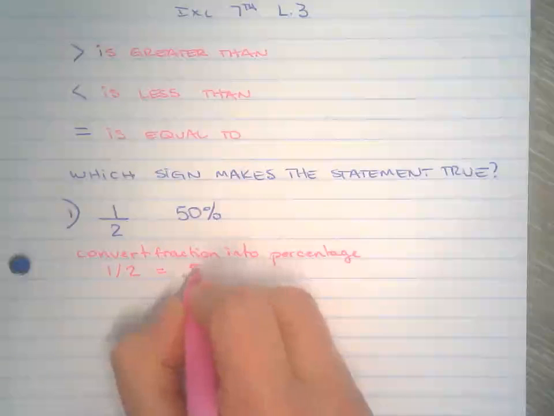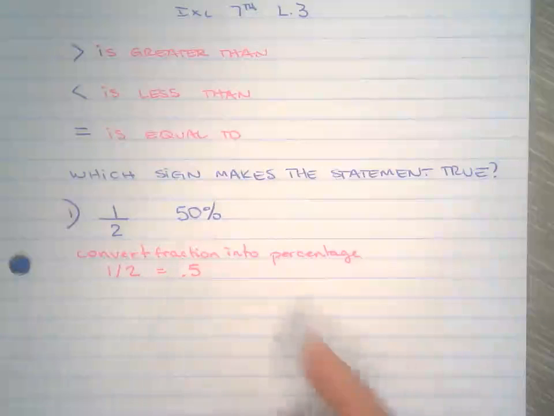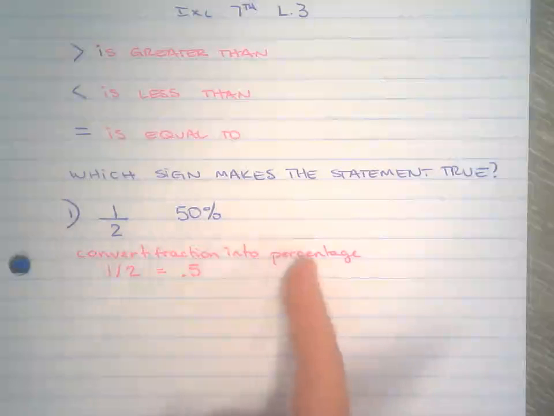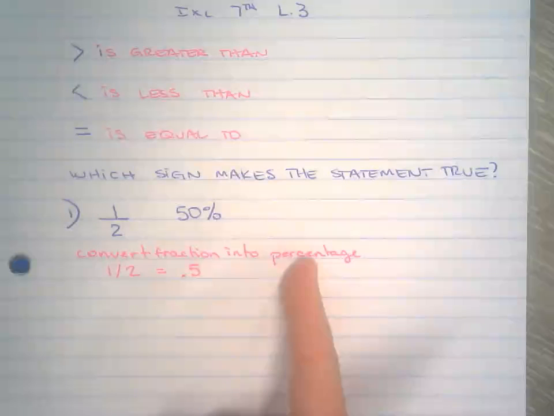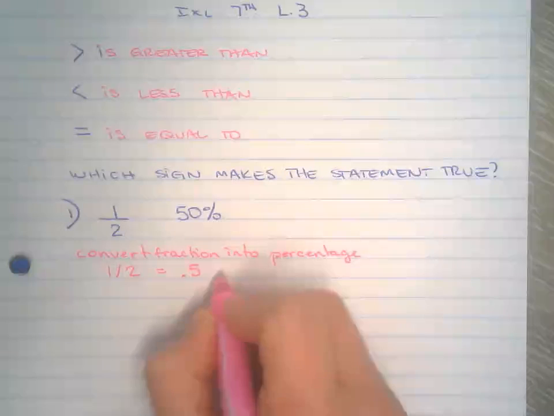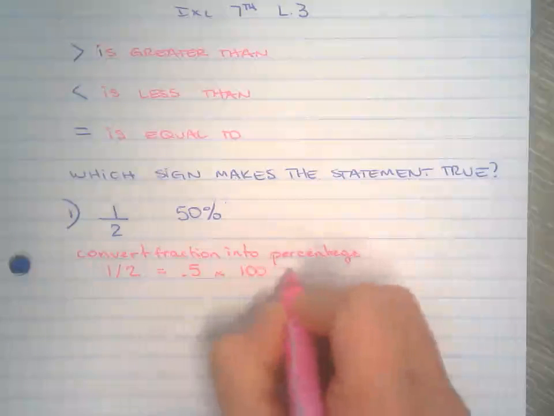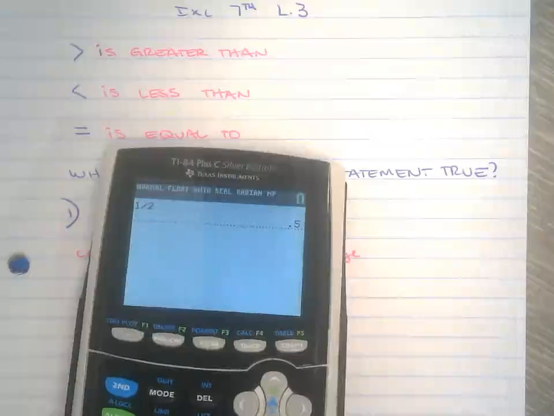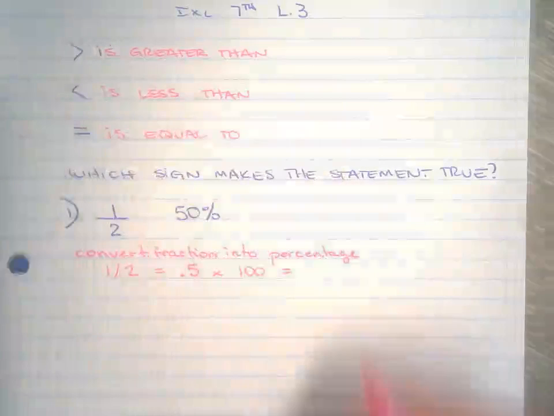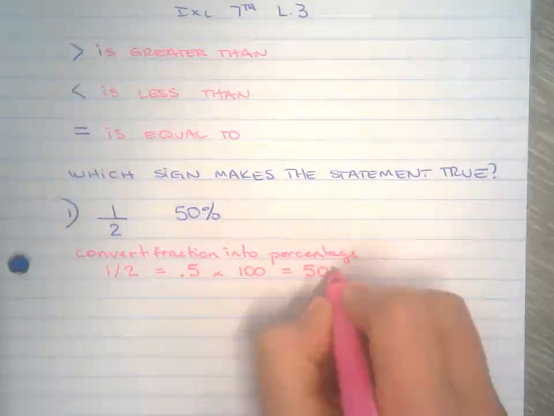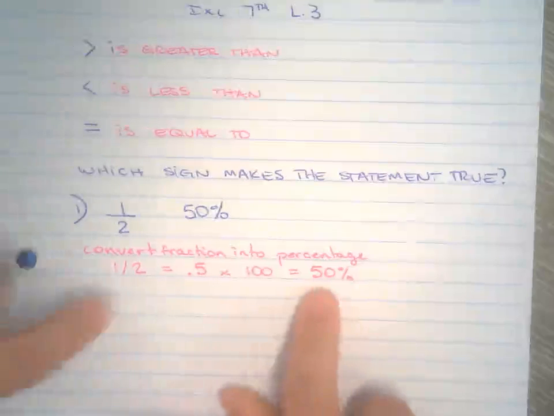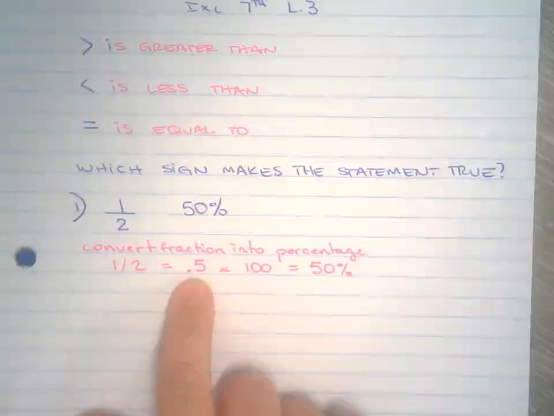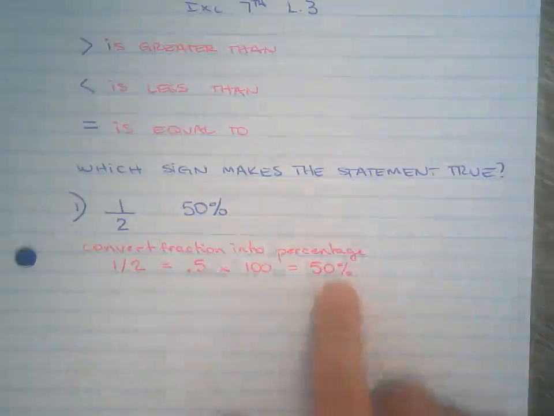Now to change this decimal into a percentage, I just have to multiply by 100. So now I have 50%. I did all of this just to convert 1/2 equals 0.5 equals 50%.